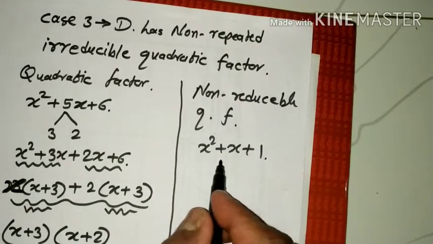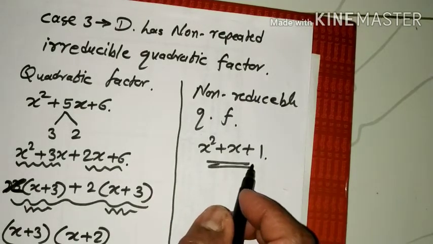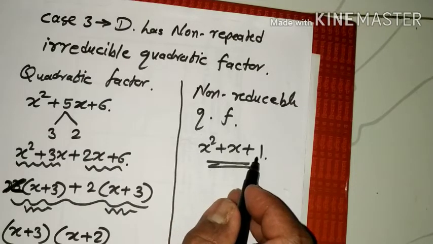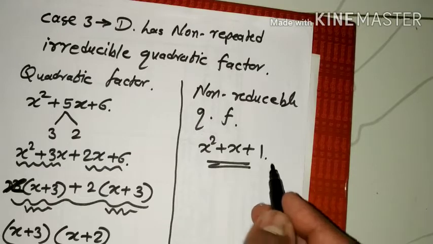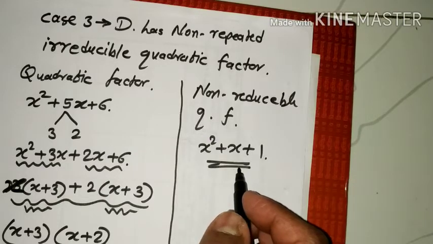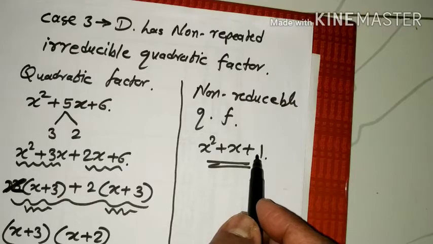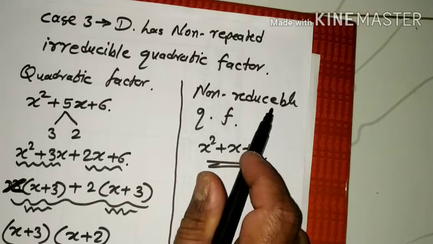We can't factor this quadratic equation; when we try to factor it, we get complex numbers. Therefore, this quadratic equation is non-factorable.